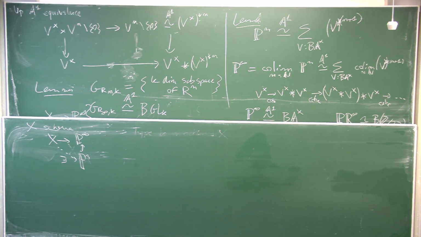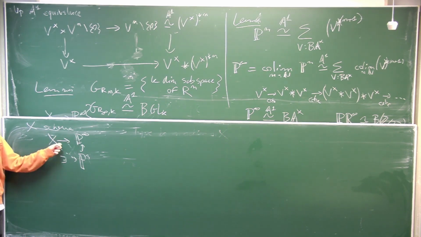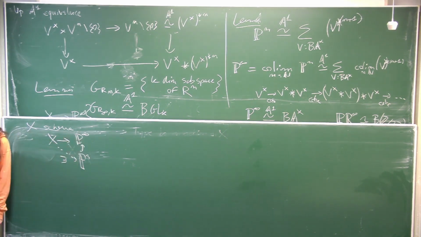Can you repeat it? Maybe you should repeat what you said. I think I didn't understand. So you talked about two points. If I understand correctly, what we want is that two maps from X to P infinity representing the same bundle have an A1 homotopy between them.